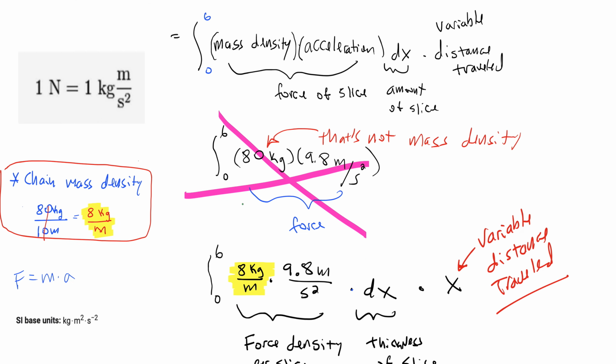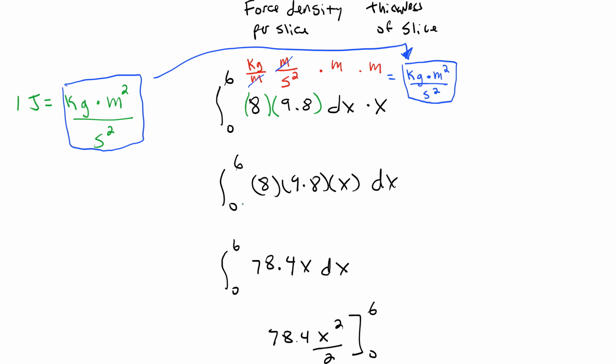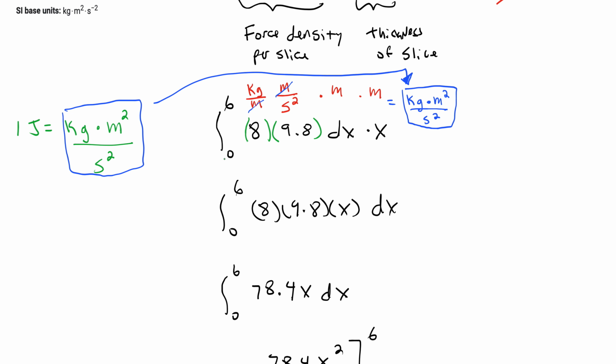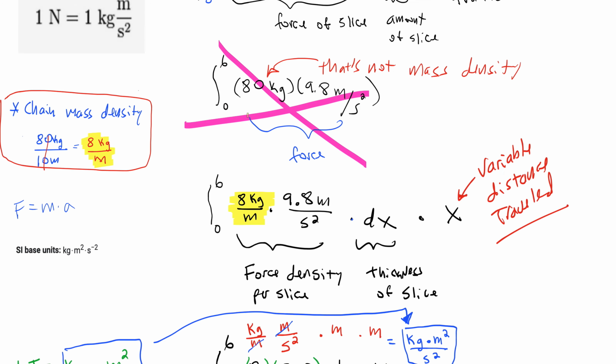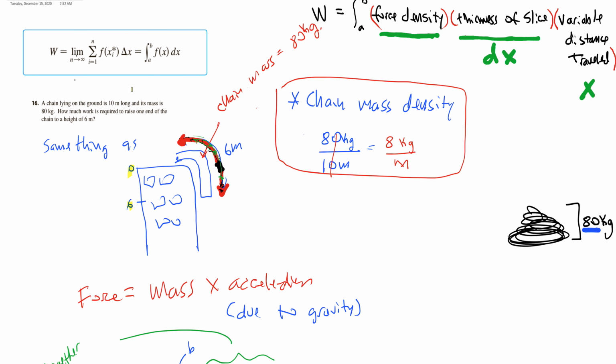Okay, here's the setup, and the way you write it is you go from 0 to 6, because you think of it as traveling from 0 to 6. You do it in reverse order, like the y-axis. You have to think of it differently.